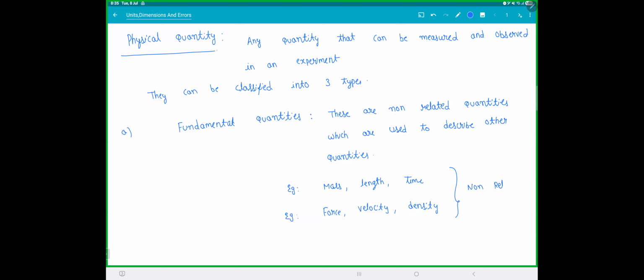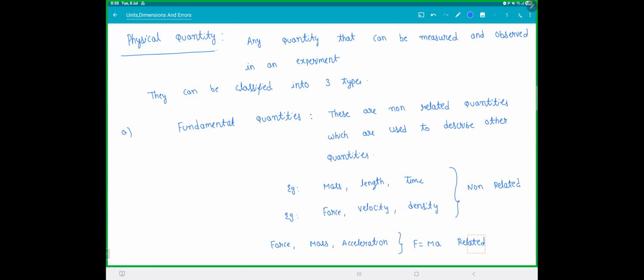What do you mean by relation? You cannot create a third one using two of them. Example, if you take force and mass and acceleration, we know F is equal to ma, right? So these are related quantities. So we cannot use these kinds of quantities as fundamental quantities.